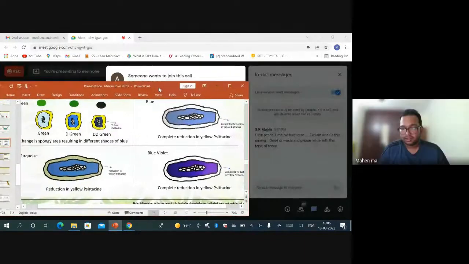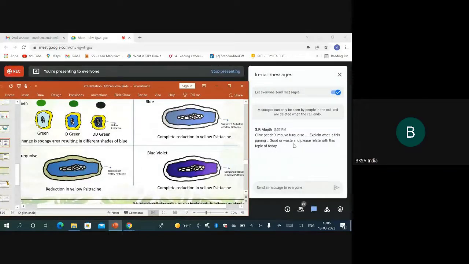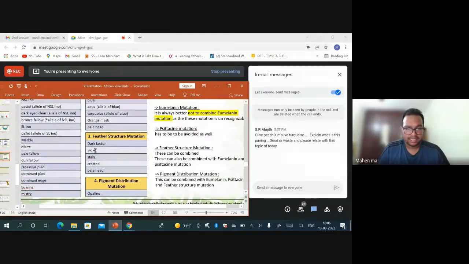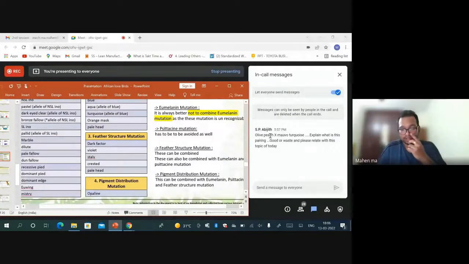He's asking, is the pairing good or bad? Olive means a double dark factor green, he says he has a double factor. Mauve also means double dark factor. Or sorry, olive is maybe single factor and mauve is double factor. So there are two factors. This is fine.